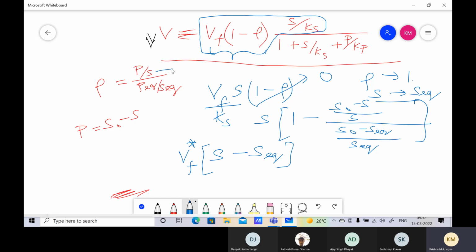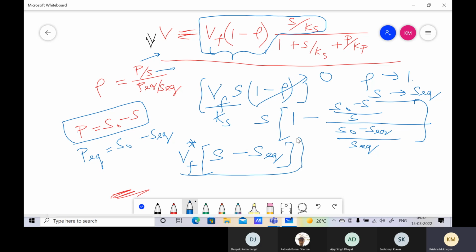P equilibrium is equal to S naught minus S equilibrium, so the reaction rate will go to 0, because 1 minus rho will go to 0.